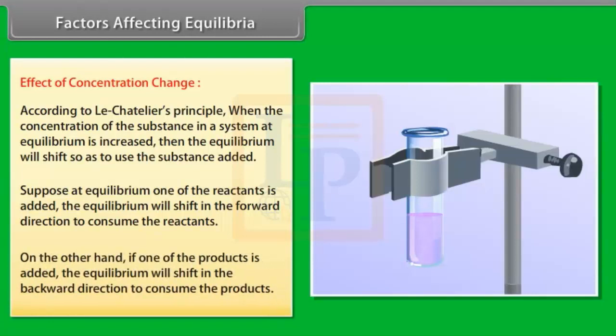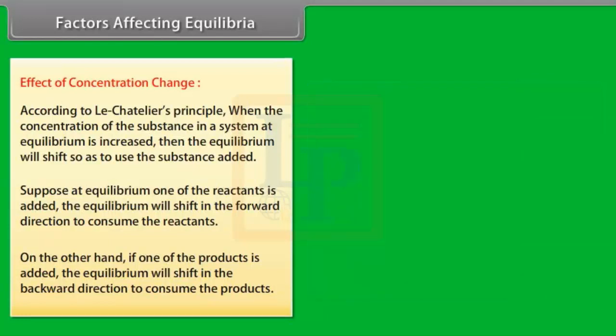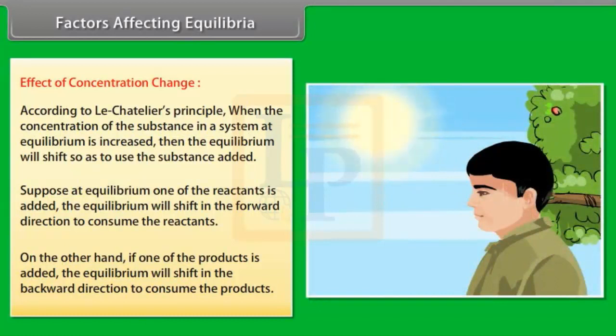On the other hand, if one of the products is added, the equilibrium will shift in the backward direction to consume the products. For example, on a humid day, we sweat more. The sweating on a humid day is more because surrounding air has large amount of water vapors and our body cannot lose water as water vapors.